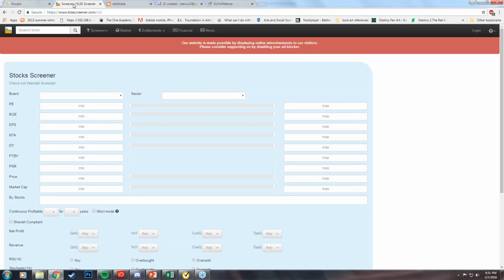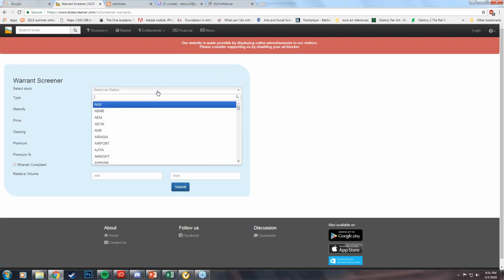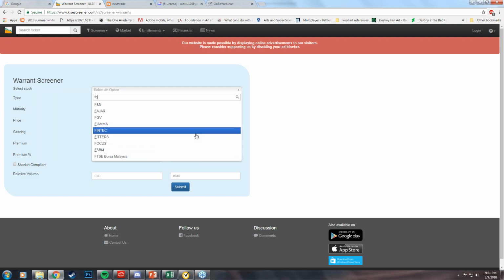Let me share with you this very good website. It's called klsescreener.com. It also has a warrant screener. If you go to the warrant screener, you can choose what underlying assets or underlying stocks you're looking at, and it also includes indices as well.